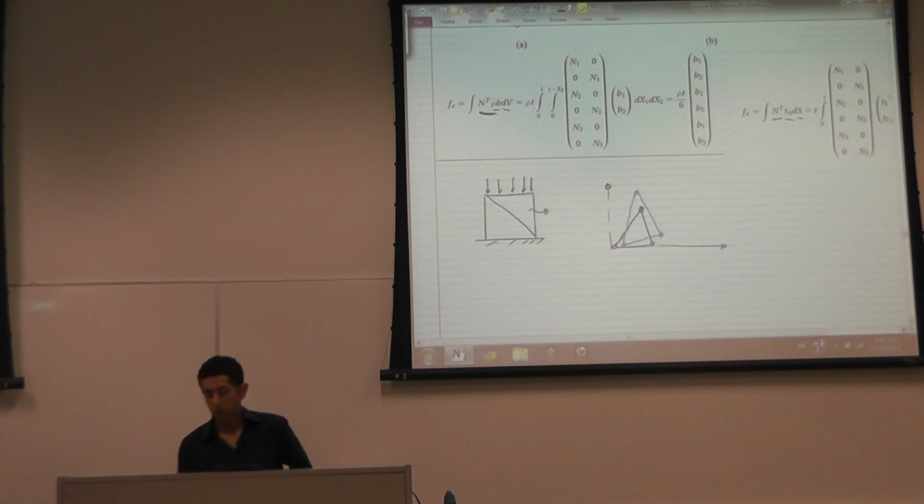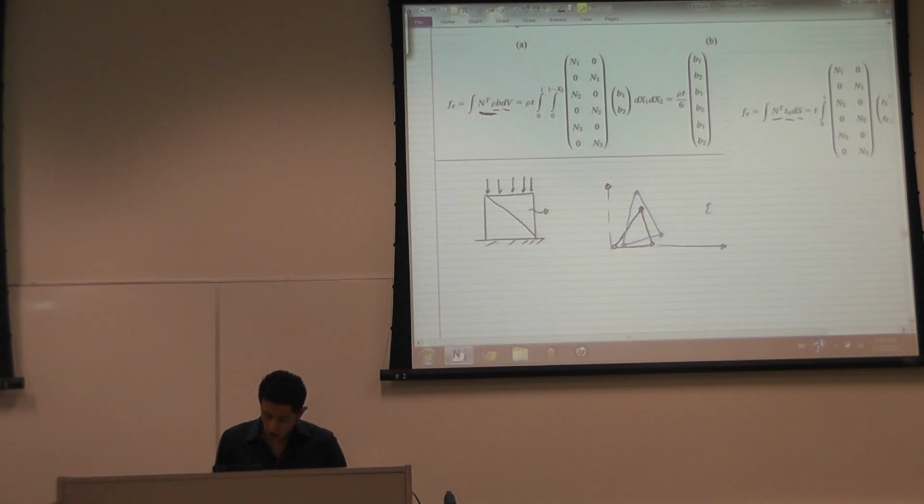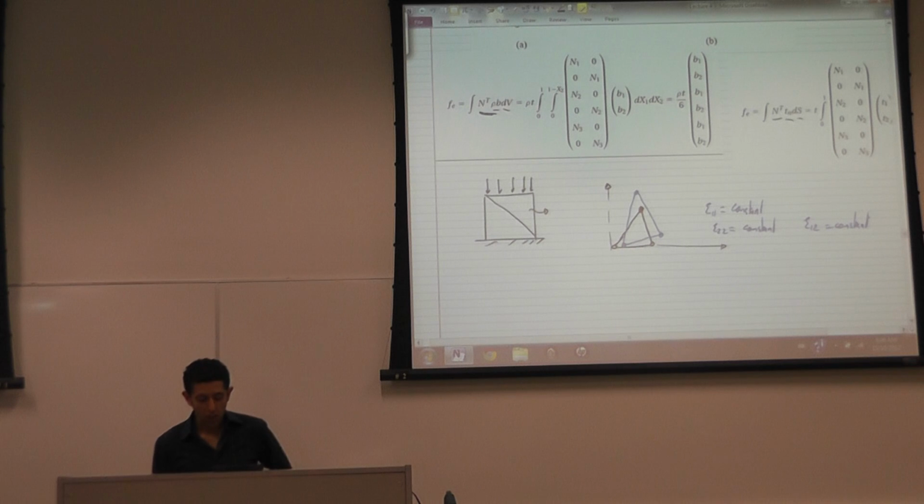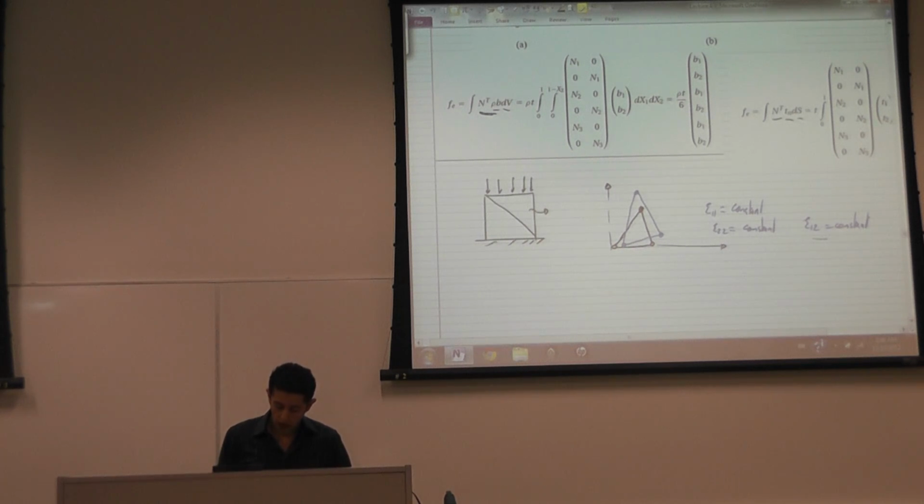It just keeps all its sides straight, and you have epsilon 1 equal to a constant, epsilon 2 equal to a constant, and epsilon 3 equal to a constant. And the relationship between the strains and the three displacements is described by matrix B, which is the partial derivatives of the shape functions with respect to the positions, multiplied by the 6 degrees of freedom.